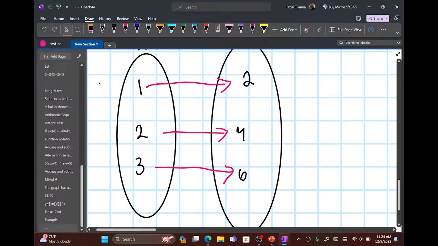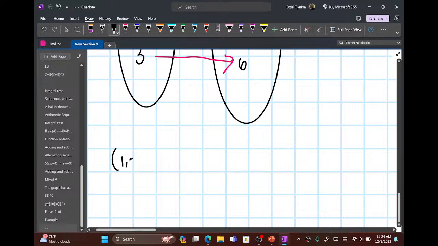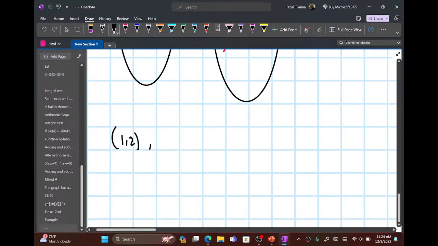This represents the following ordered pairs. The first one is 1, 2. The second one is 2, 4. And the third one is 3, 6.